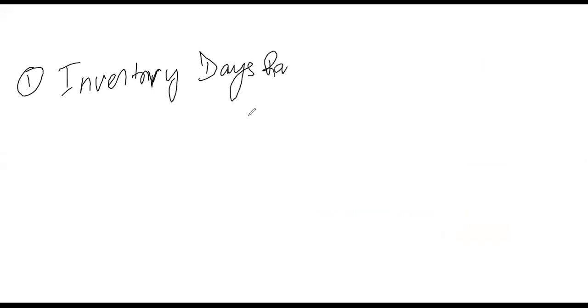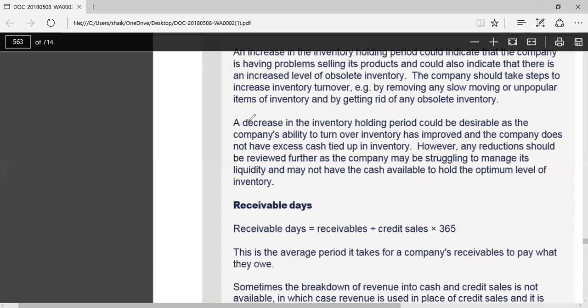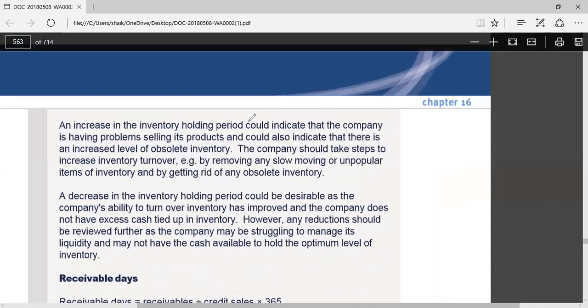So I'm calculating the inventory days ratio. Now, what do you mean by inventory? Inventory can be opening inventory, inventory can be closing inventory. So what basically is inventory, sir? How do you calculate the inventory?